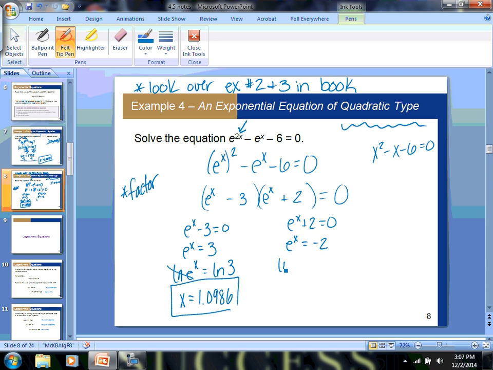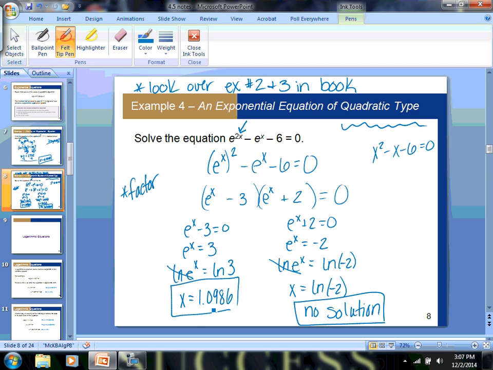And if you don't notice it, and you keep going, and you take the natural log of both sides so that you can get rid of the e, now you should really notice the problem. And the problem is you can't take the natural log of a negative number. So this part has no solution.